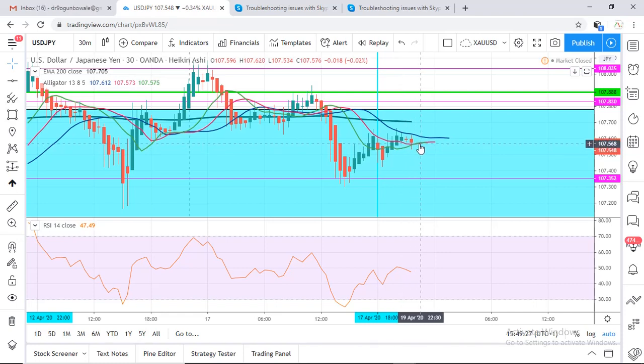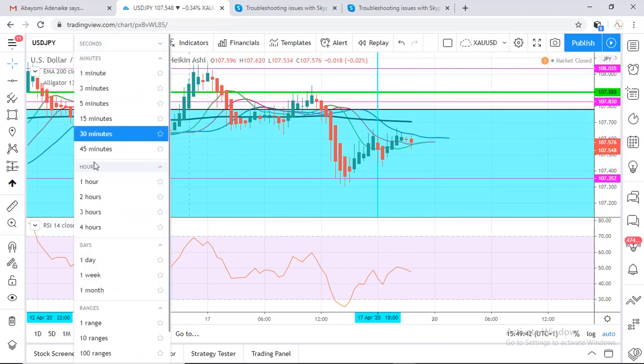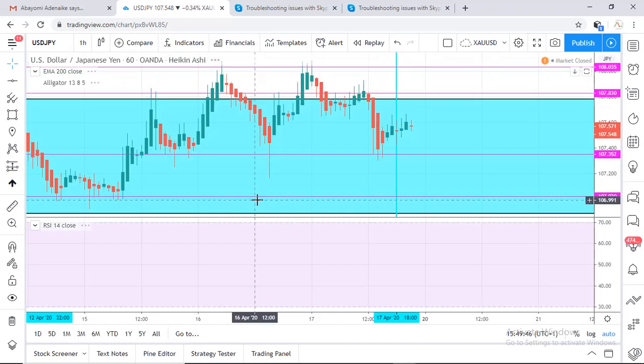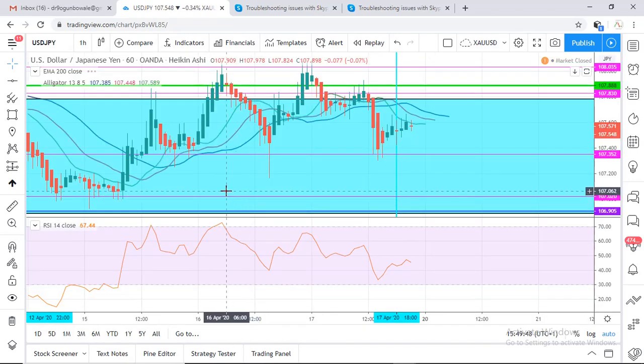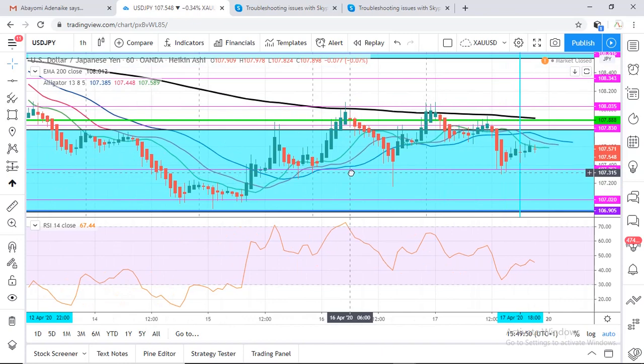We are still going to wait for the price to make it a bit down to pick us until it crosses. And once it crosses both the red and the blue, and the red also crosses the blue, we are good to continue to buy until structure changes. That's for USD JPY.